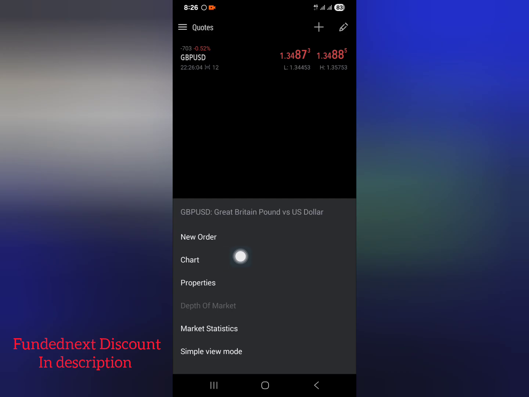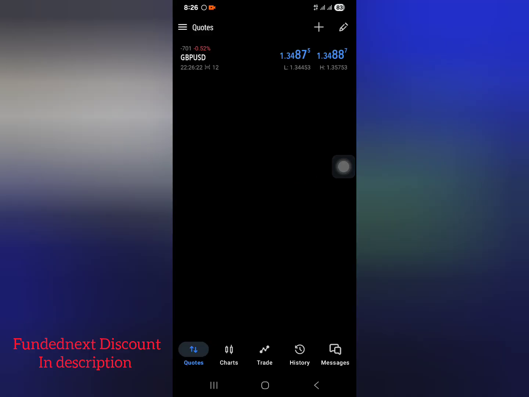Open properties, where I see my GBP USD. We have properties, market statistics and simple view mode.